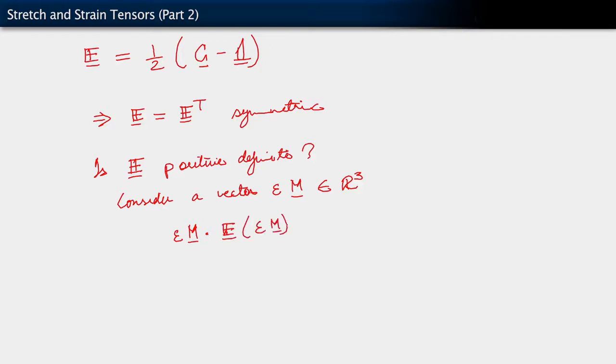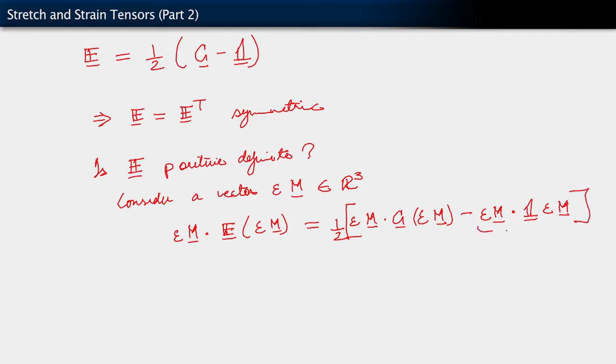From the definition that we have for E and that we've reproduced at the top of the slide, we know that this is epsilon m dot, well, we can pull the 1/2 outside, so we have epsilon m C epsilon m minus epsilon m dotted with isotropic tensor epsilon m.